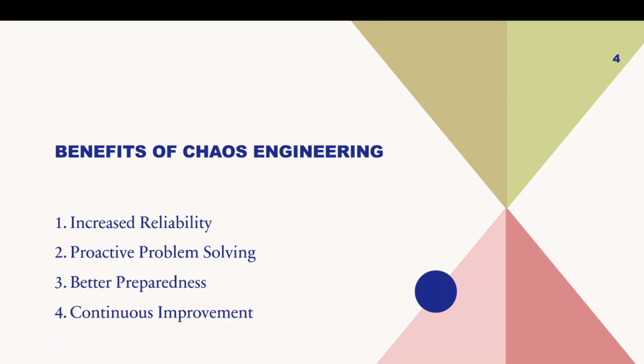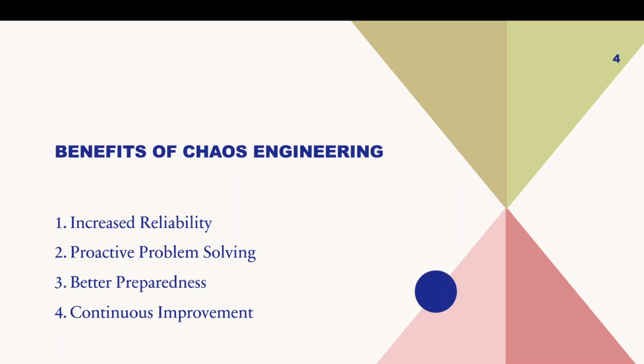To address this, they developed Chaos Monkey, the first tool I just explained. It randomly terminated instances in their production environment itself. This helped them identify weaknesses and improve their system's resiliency. That's the real world example I can give.